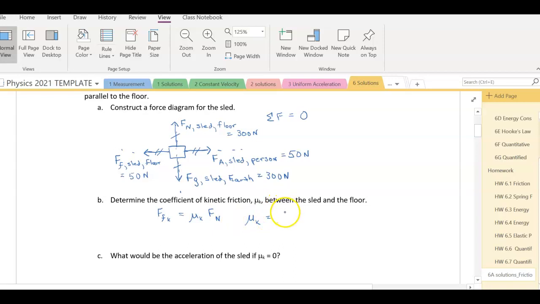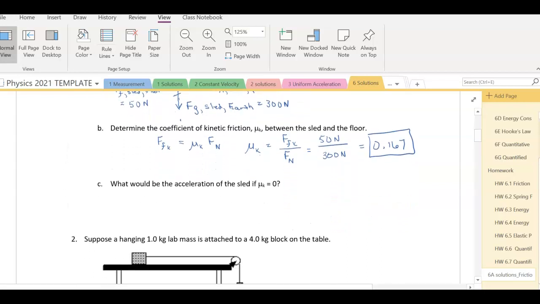It equals the kinetic friction force divided by the normal force: 50 newtons divided by 300 newtons, which is 0.167. Notice that the coefficient of friction is a dimensionless quantity. There are no units on it.